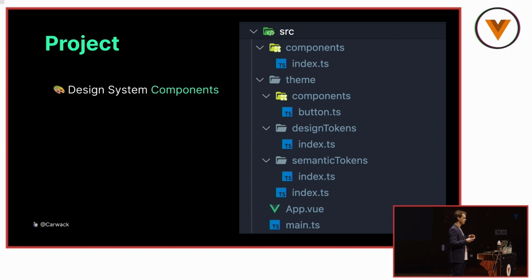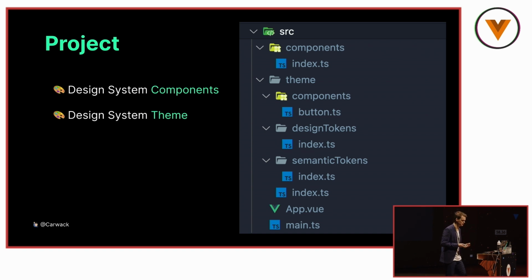So all the logic of our components, so the button, will go in there. And then we also have a theme folder, and that is for everything about the theme of the design system, so all the styling, also from the button. And these are the only two folders where all the content will be exported to our users.